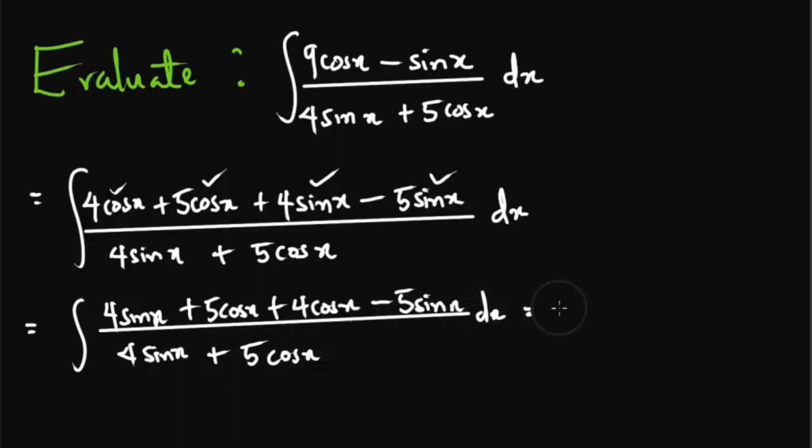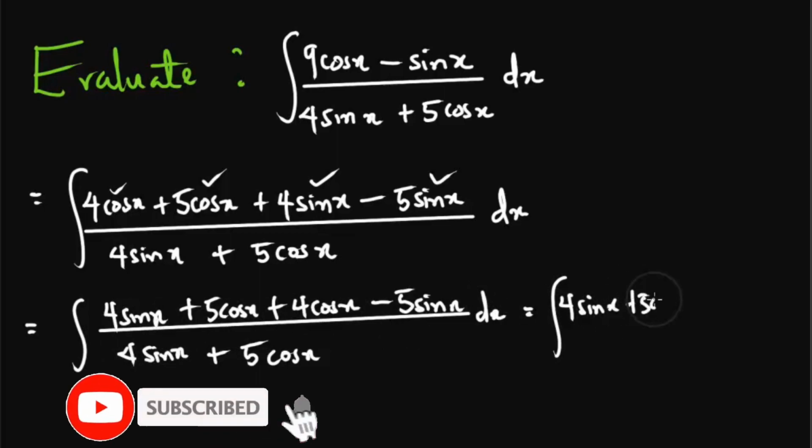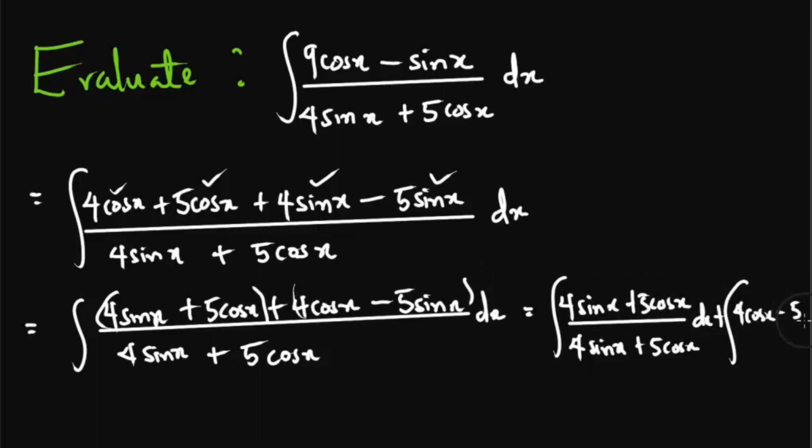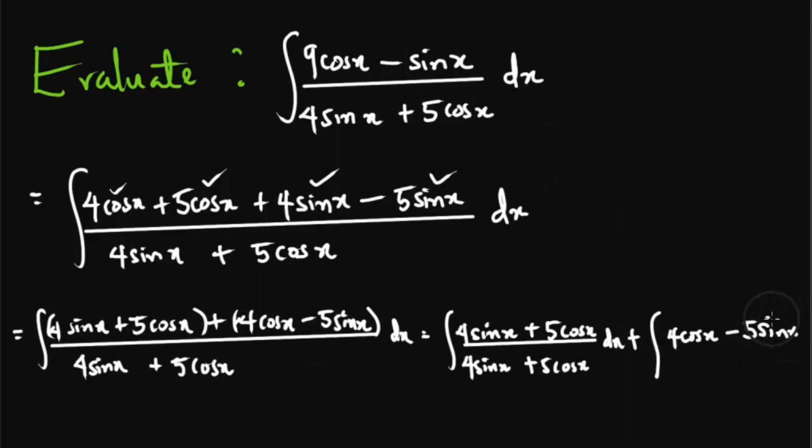So I can write this to be equal to the integral of (4 sin x plus 5 cos x) divided by (4 sin x plus 5 cos x) dx, that's this one right here, plus the integral of this guy right here, (4 cos x minus 5 sin x) divided by (4 sin x plus 5 cos x).